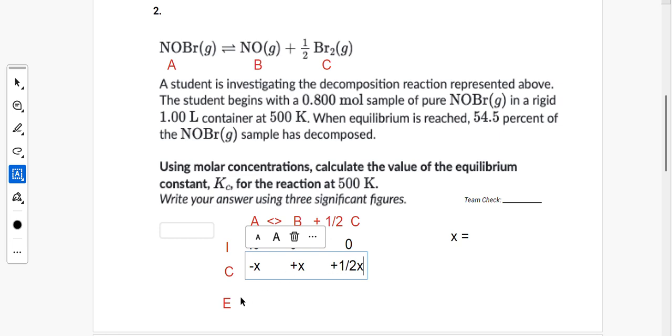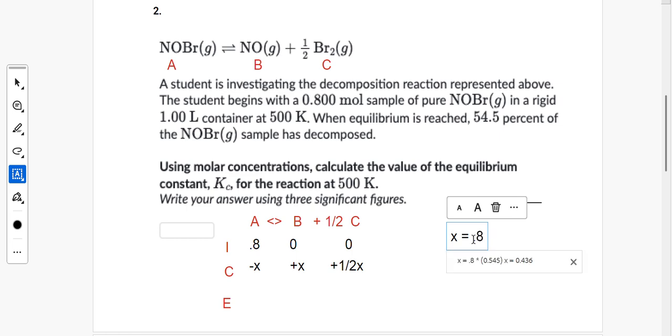But what's unique with this problem is they've told me what my X value is, and I can calculate it really quick. So 0.8 times 54%. 54% as a decimal is 0.545.